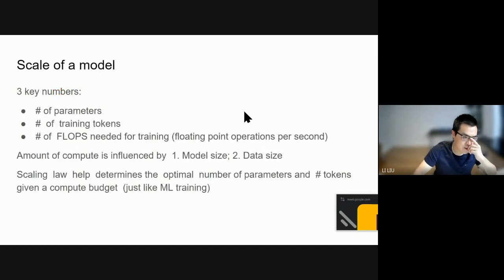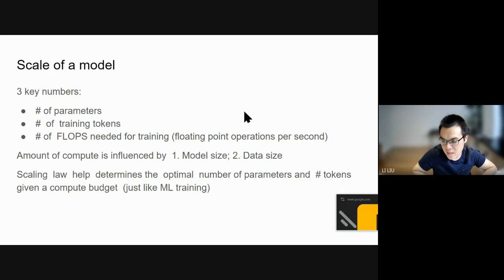So next, we talk about the scale of a model, because in system design, we always talk about a system should be scalable. Similar to a foundation model as well. There are 3 key numbers listed in the book in terms of measuring the scale of a model. The first is the number of parameters.